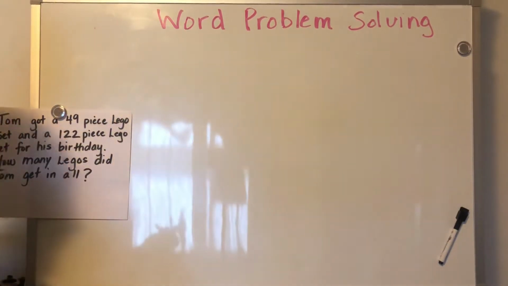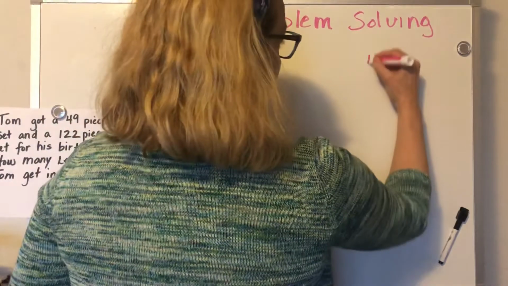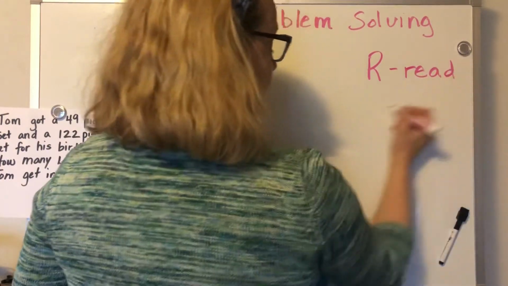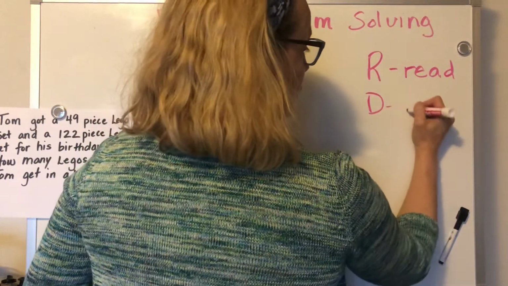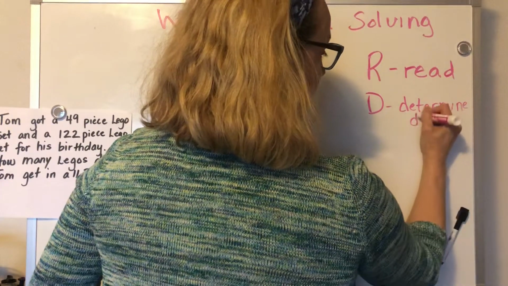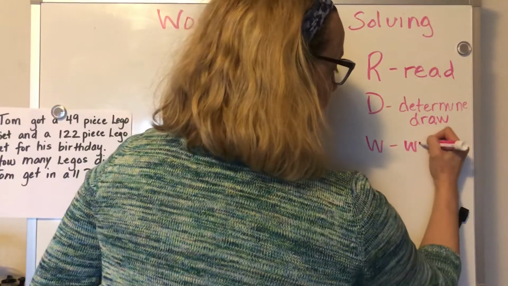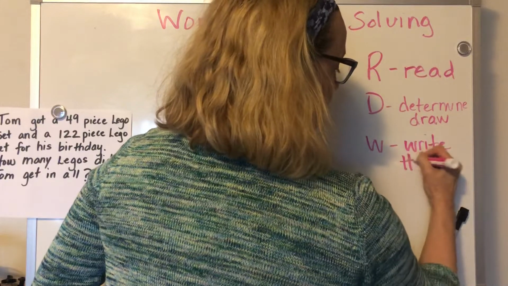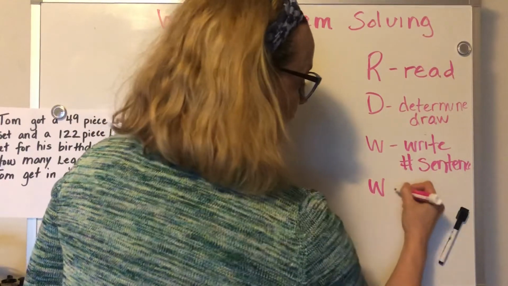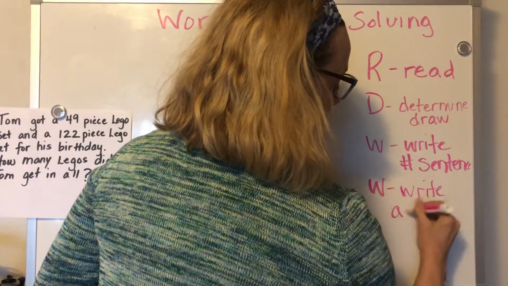So in second grade, we use what we call this R, which means read, D, which means determine and draw, W, write a number sentence, and W again, write a statement.